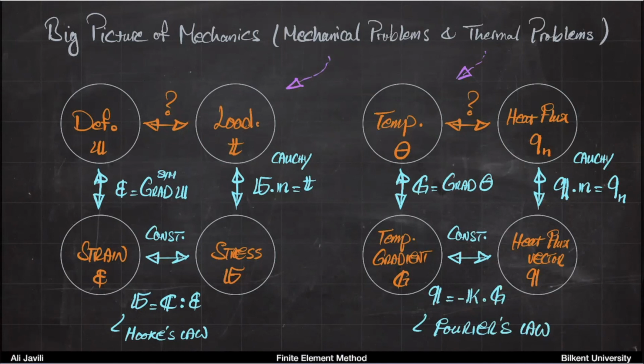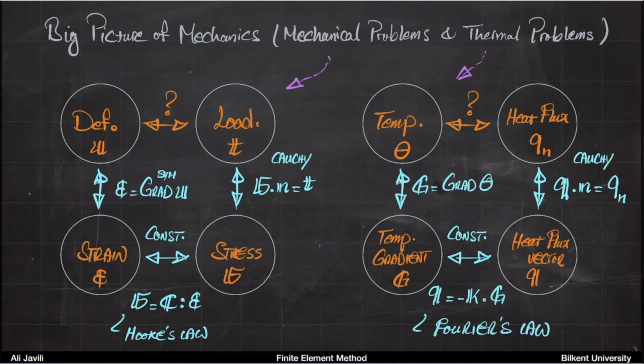If you just look at them, you can see how both of them mathematically are, let's say, identical or formally identical. And once you realize this, then you can use your finite element method for both of these problems. And that's exactly what we want to do. So from now on, we stick to mechanical problems.